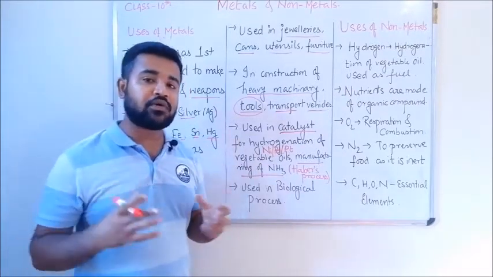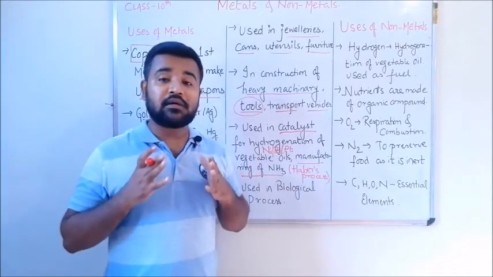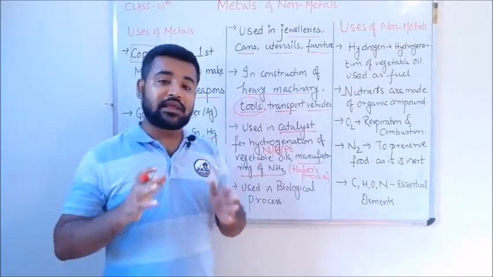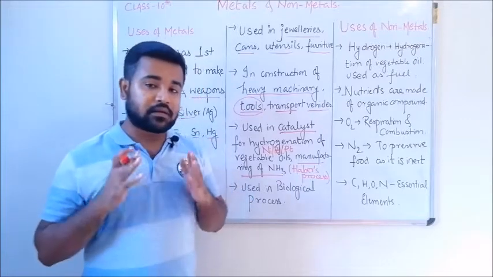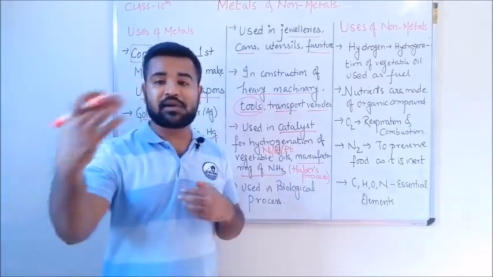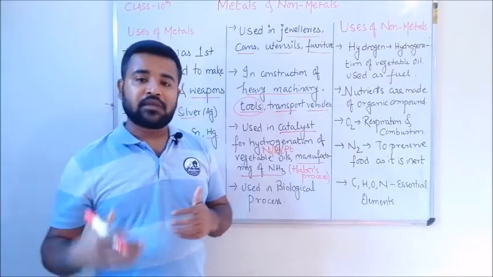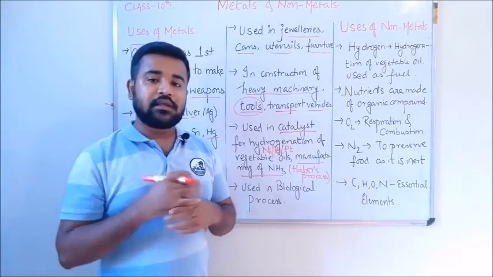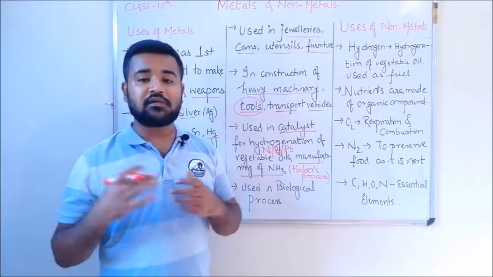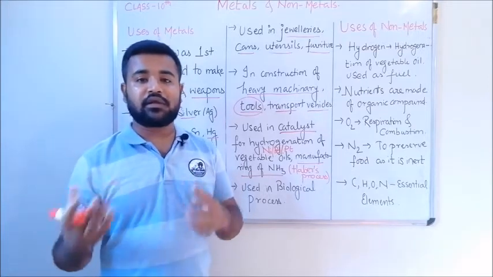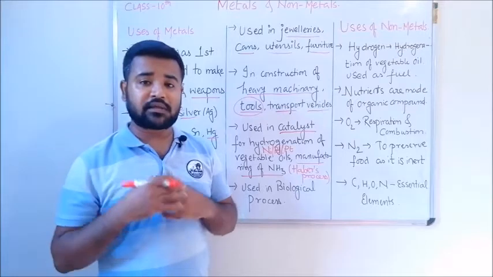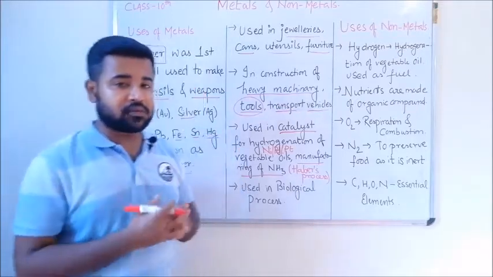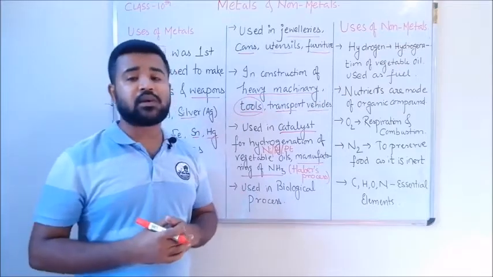The role of hemoglobin is to carry oxygenated blood. We know that the blood carries oxygen from the heart to different parts of the body. Similarly, from the different parts of the body, it carries deoxygenated blood or carbon dioxide back to the heart. So in this process the iron is very much required.